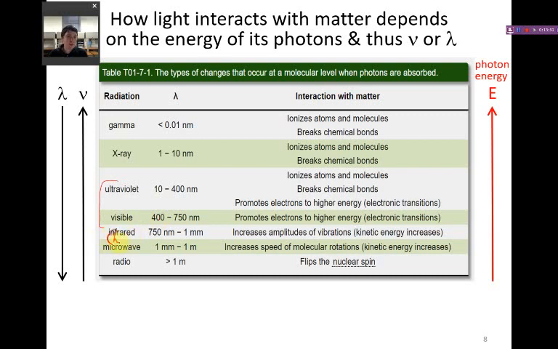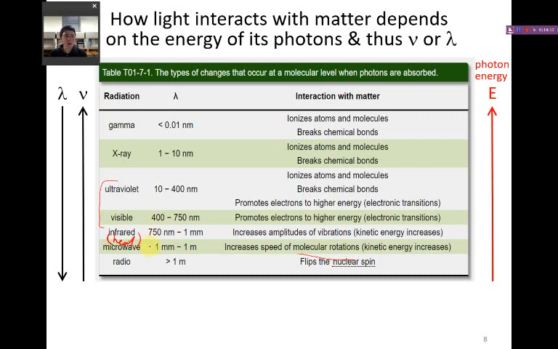Infrared light, we sometimes refer to this as heat. This allows us to increase the kinetic energy of our substances, as well as microwaves. Those increase the kinetic energy by inducing molecular rotations.